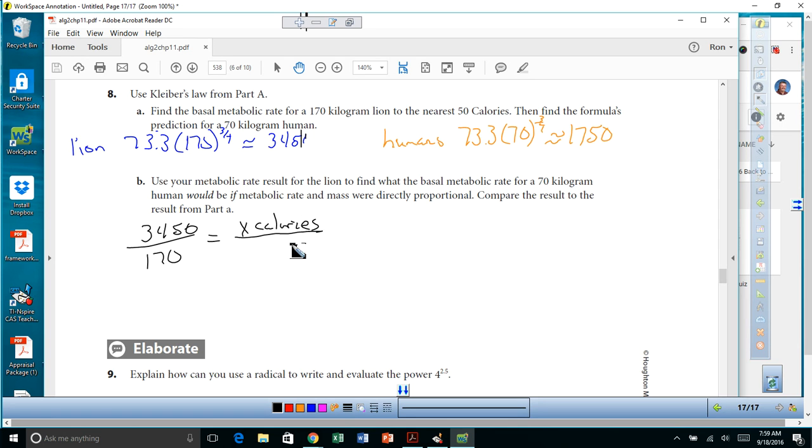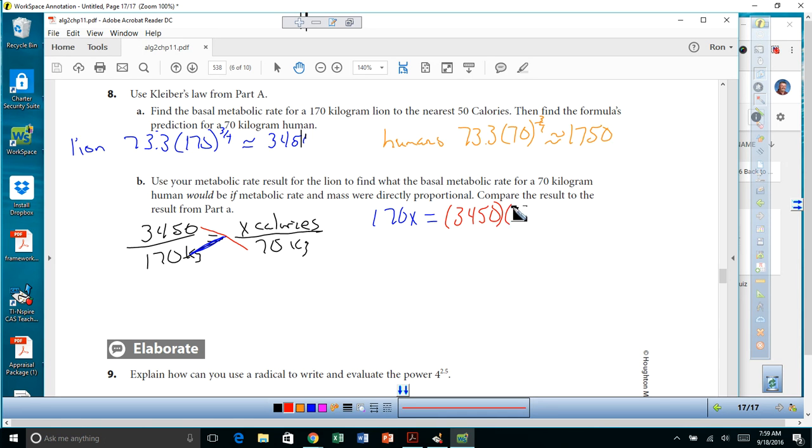x calories over, for humans, 70 kilograms. So you could cross multiply. That would give you 170x equals 3450 times 70.